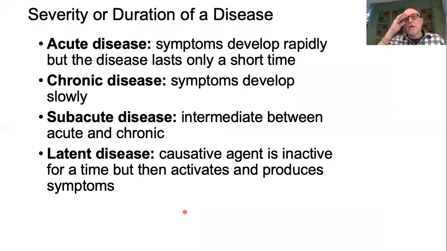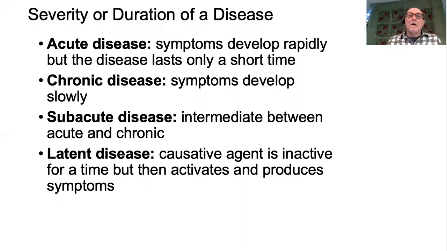Okay, let's talk a little bit about the progress of disease, the process of disease itself. Again, there are just some terms that we have to get straight, and so I'll try and illustrate them wherever I can. An acute disease is a disease where the symptoms develop very rapidly, but the disease only lasts a short time. COVID would be one, influenza another.